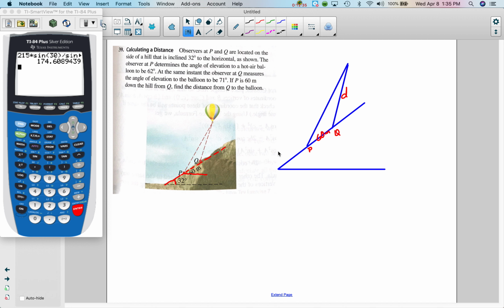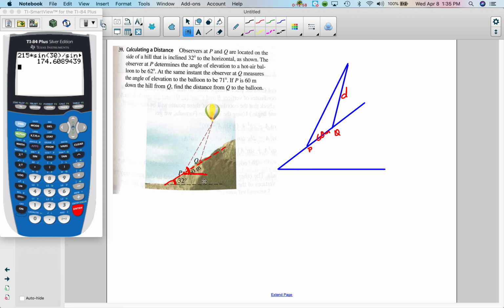So what we do know is that this angle right here is 32. I also know that at observer P, there's an angle of elevation of 62. Well, that's this whole thing, because it has to be measured from the horizontal. So it's this whole thing right here, and that is 62.